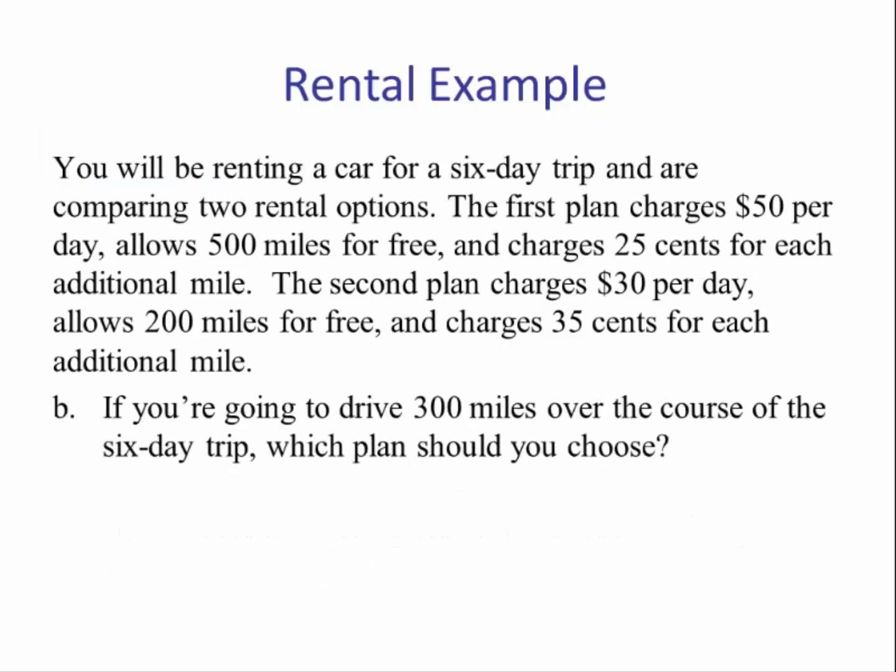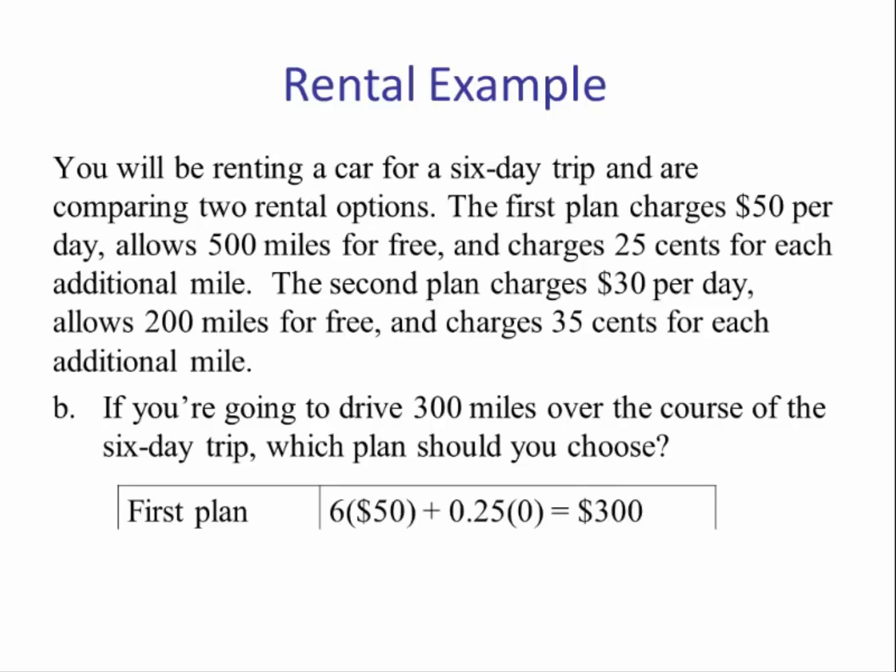B. If you're going to drive 300 miles over the course of the 6-day trip, which plan should you choose? The first plan, since it's a 6-day trip, would be 6 times 50 plus 25 cents times the number of miles over 500, which is 0, which gives us $300.